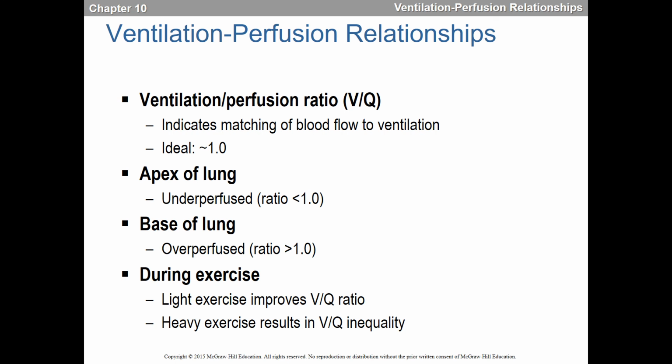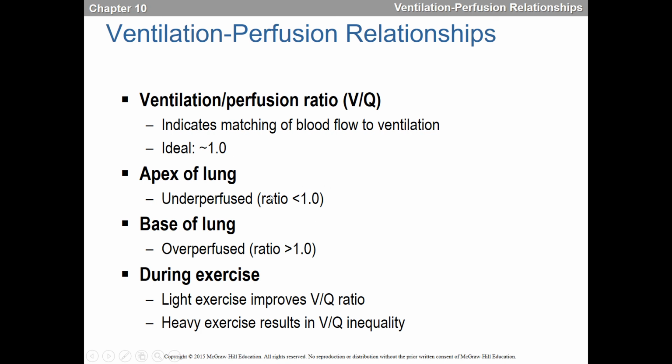The ventilation, perfusion relationship, so VQ. This will frequently be called VQ mismatch. Ventilation, perfusion, I want you to know that this is ventilation in the numerator, perfusion, or blood flow, in the denominator. So the ideal ratio is approximately 1.